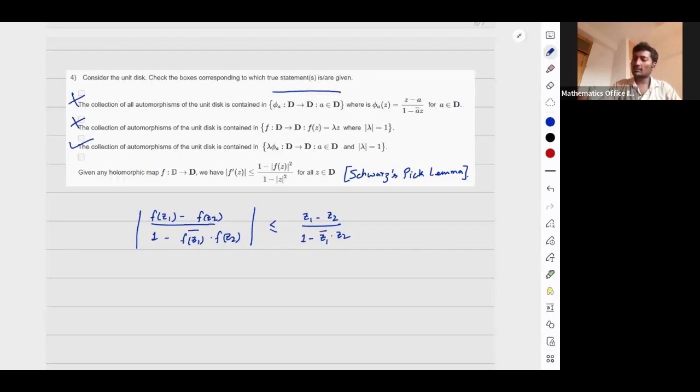So these two are equivalent. We'll see at the end how these two are equivalent.